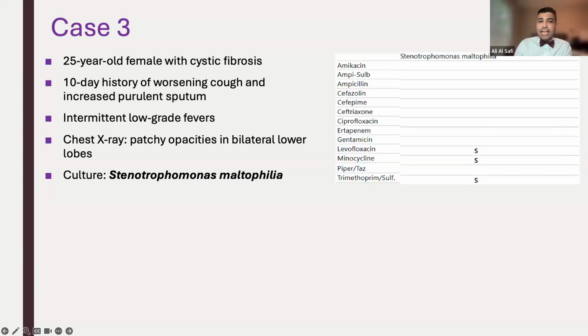This bacteria is intrinsically resistant to a lot of antibiotics. So we have few options to begin with. The first line, we use trimethoprim-sulfa, but there are a lot of people who have sulfa drug allergies. And if we're lucky, just like this case, it can be susceptible to levofloxacin and minocycline.